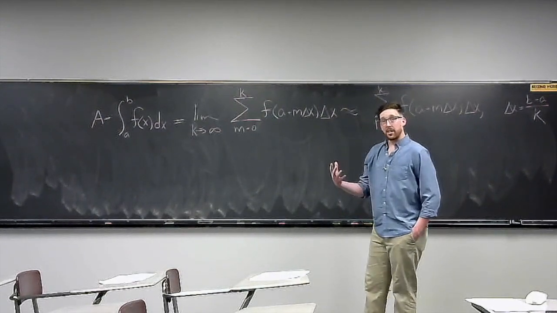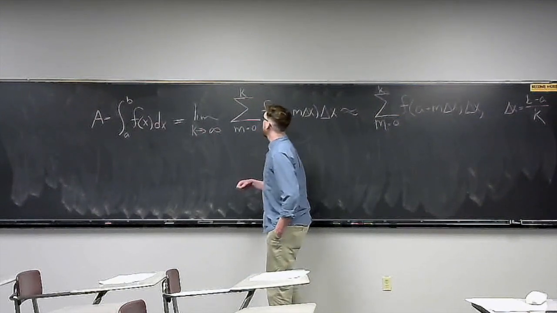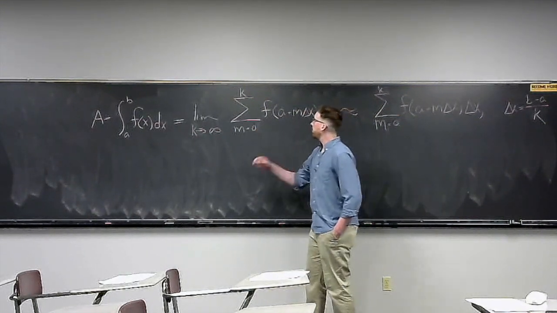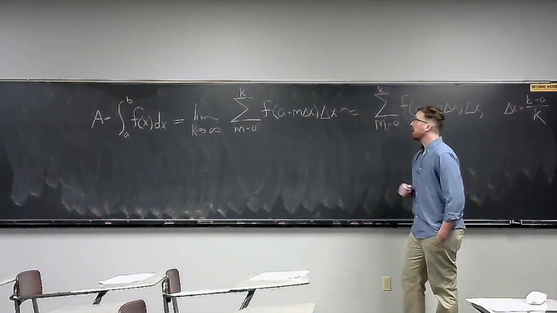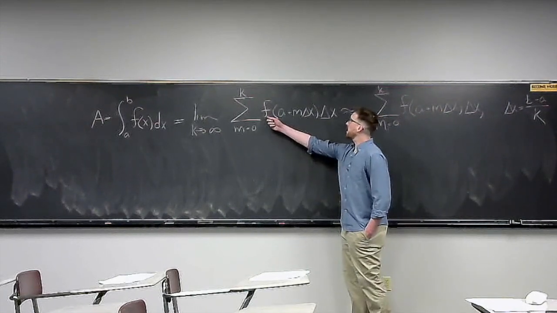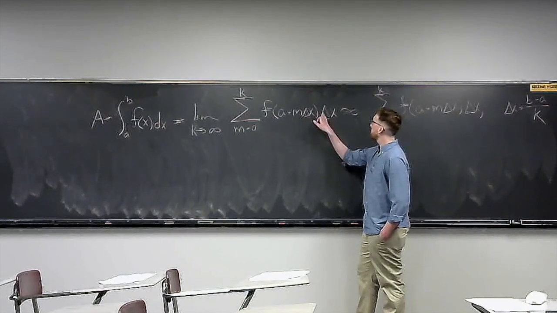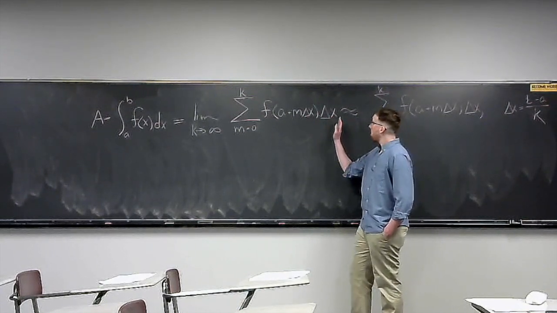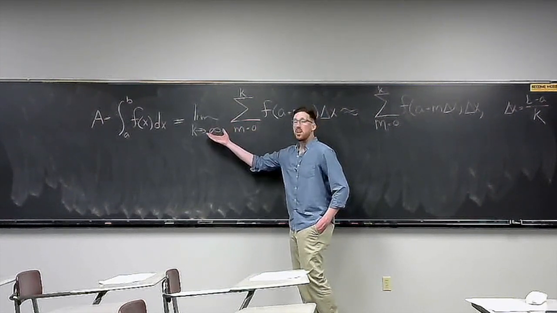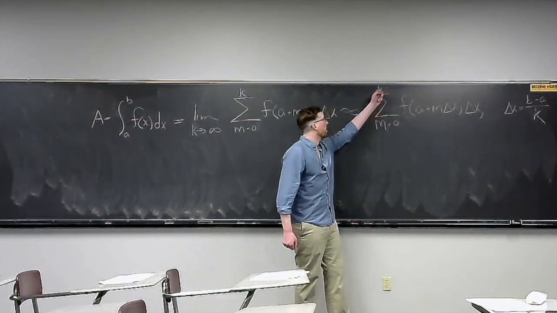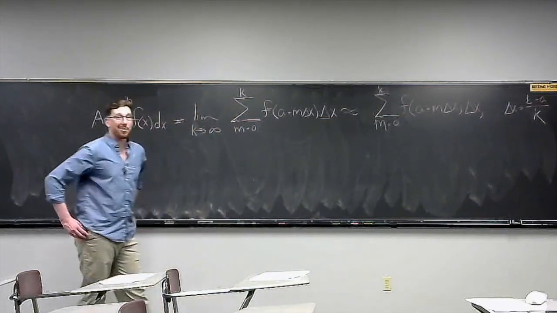And what that thing is, is the limit as k goes to infinity of the series from m equal to 0 up to m equal to k of the quantity f evaluated at a plus m delta x times delta x. And all of this is approximately equal to that same series, just without the limit. So here, k is just some finite value. It's just some number, and that's it.